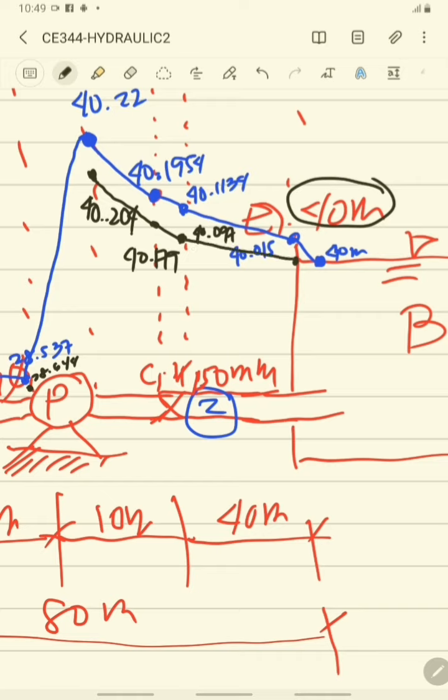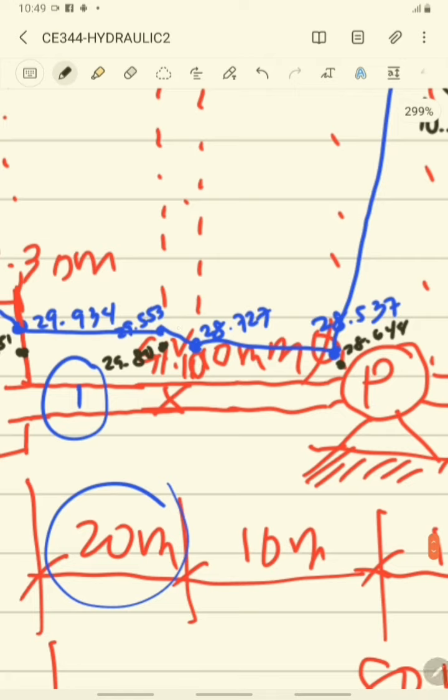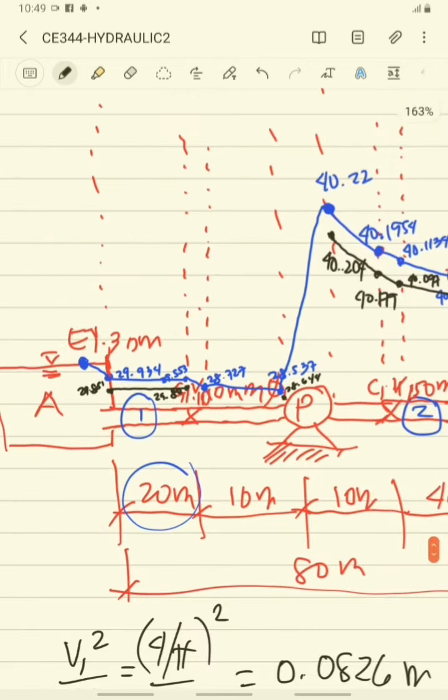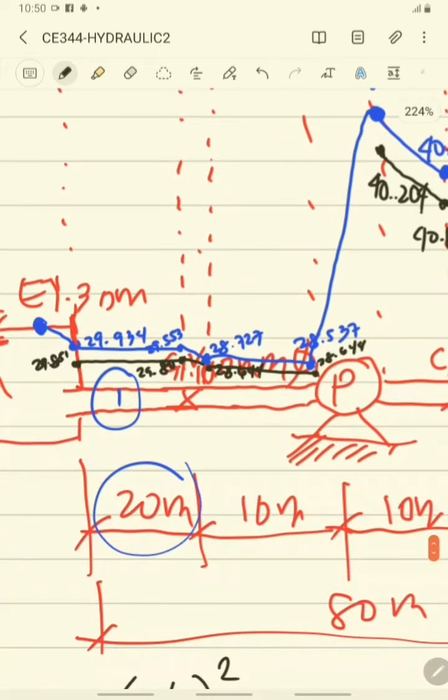Okay, I missed something: 28.727 minus 0.0826, 28.644.